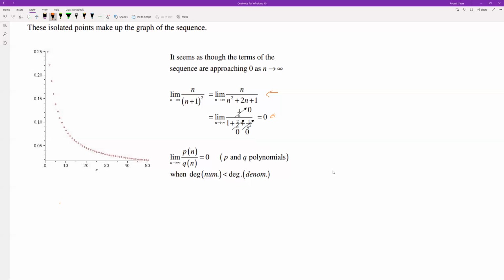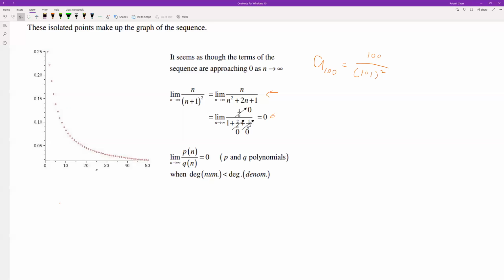We can actually give that a try. Let's say I want to find a sub 100. That will be 100 over 101 squared, which is a very small number.